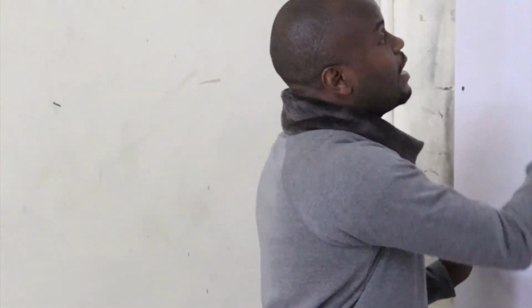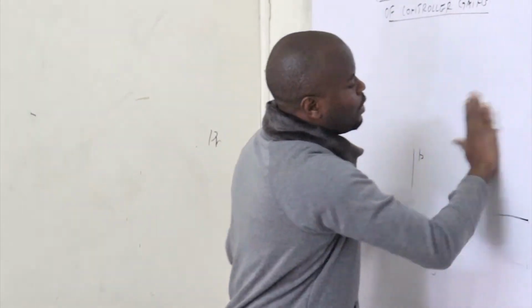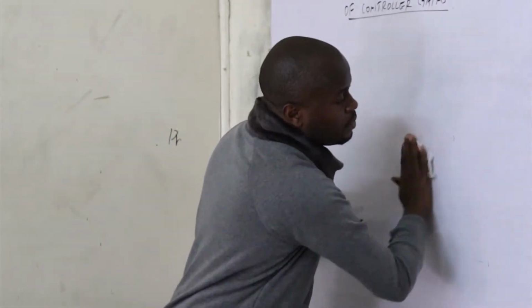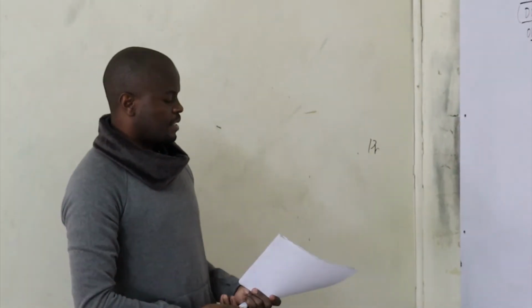There are empirical formulas that were used by Ziegler-Nichols, as we will give in this table. These are the empirical formulas to be used in order to get the best controller settings.